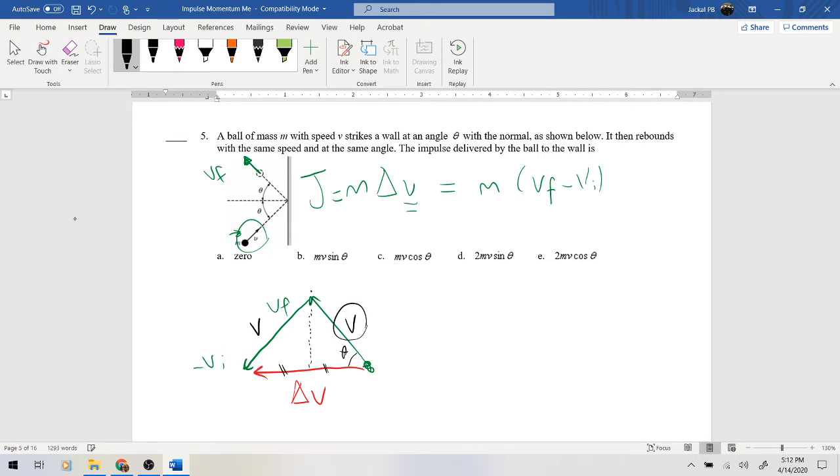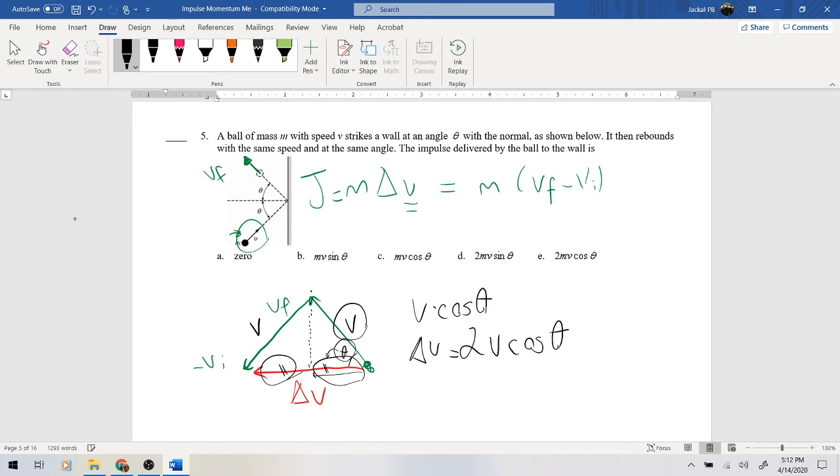My hypotenuse is v, my angle is theta, so I need to find this distance. And how do I find that distance? It's the adjacent side of the angle theta. Then it is going to be v cosine theta, but you have 2 of those vectors, so your delta v is going to be 2v cosine theta.